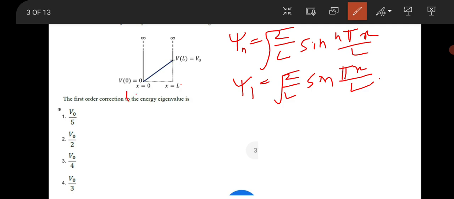The perturbation is from the point 0, 0 to the point L, V naught. So the perturbation is just a straight line, and we have to find the equation of this straight line.